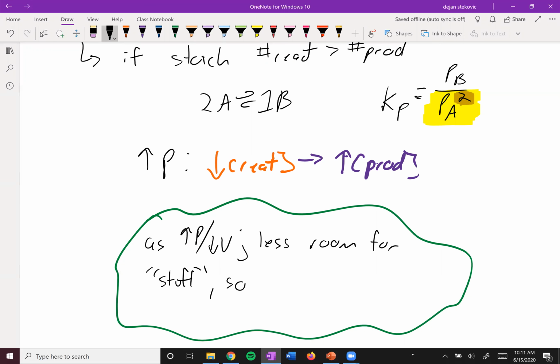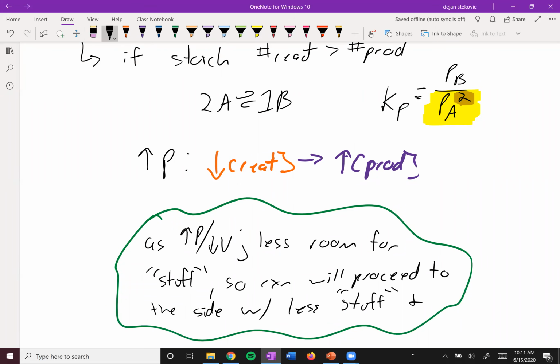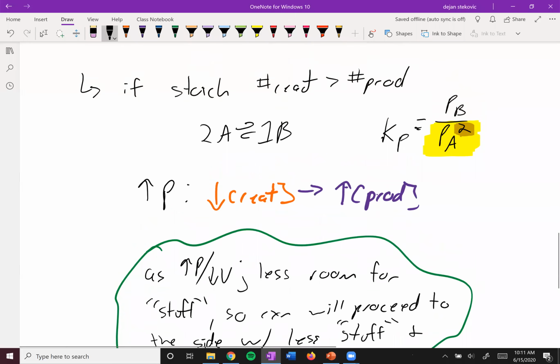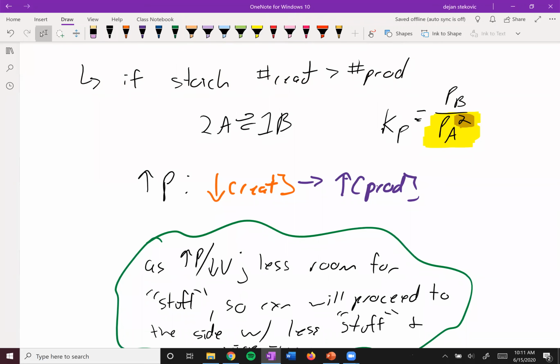And so our reaction will proceed to the side with less stuff, and vice versa. So when you increase pressure, you're going to go to the side with less stuff. When you decrease pressure, you're going to go to the side with more stuff. And so you can think about it just logically, or you can think about it through the math and through the powers of what's going on.